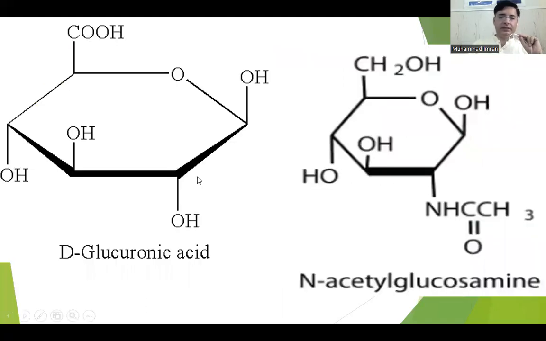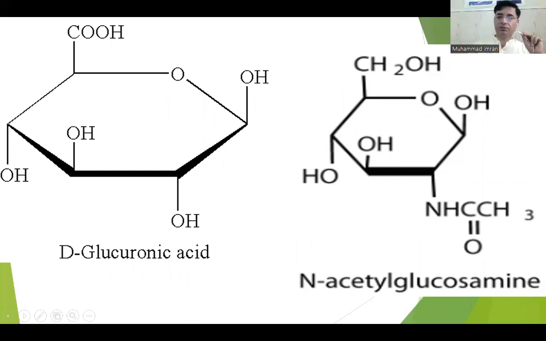Here we have an acidic form of glucose, which is known as glucuronic acid, which is produced during the oxidation of glucose at carbon 6, with a carboxylic group, and it is in beta orientation. Almost all acids and amino sugars are mostly in beta configuration.